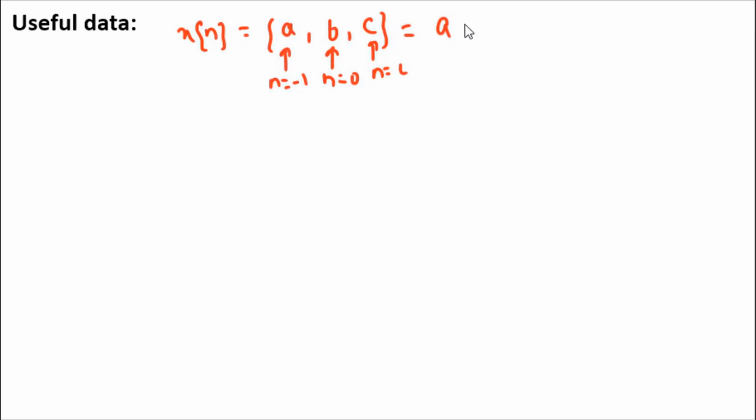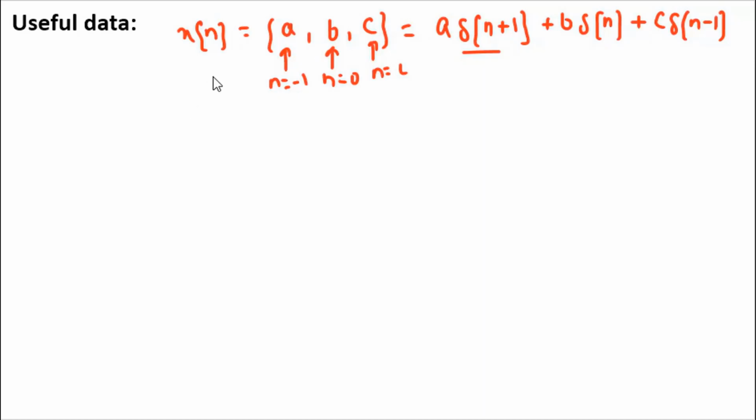You can write this signal in impulse representation as a times delta of n plus 1, plus b times delta of n, plus c times delta of n minus 1. This is the impulse signal representation of a discrete time signal whose values are a, b and c.